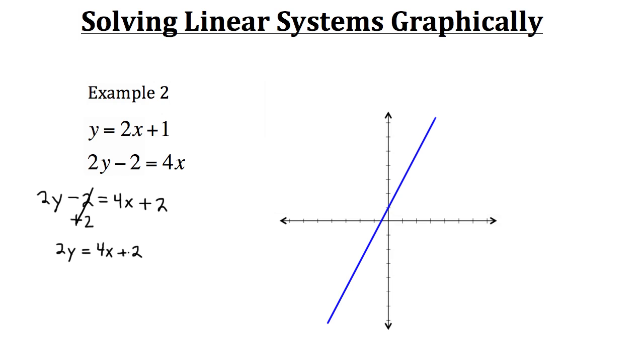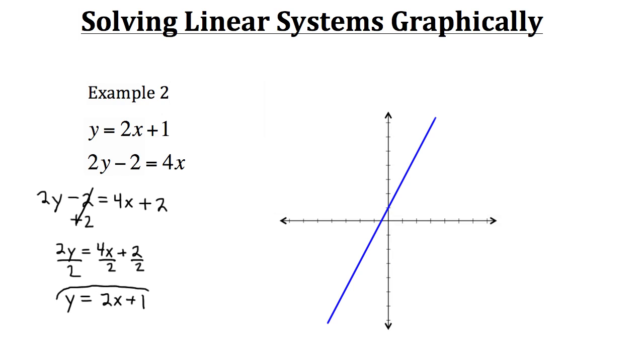Now to further simplify, or to isolate our y, we need to divide both sides by 2. So that gives us y equaling 4 divided by 2, which leaves us with 2x, plus 2 divided by 2, which gives us 1.